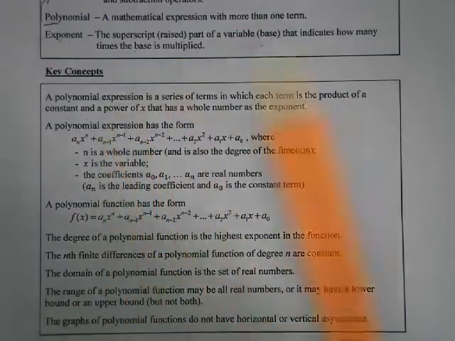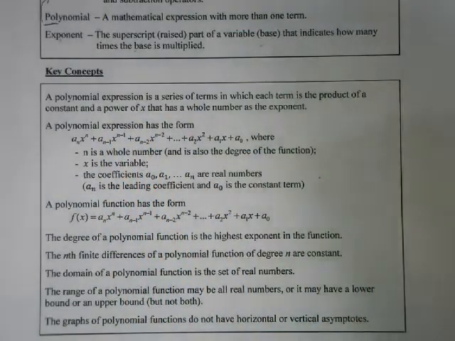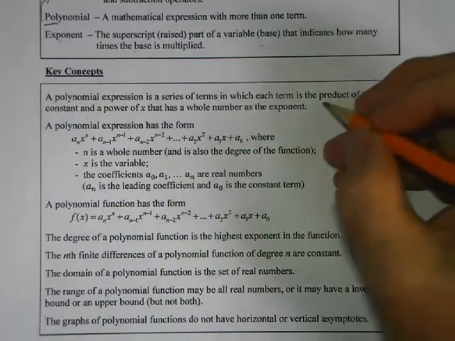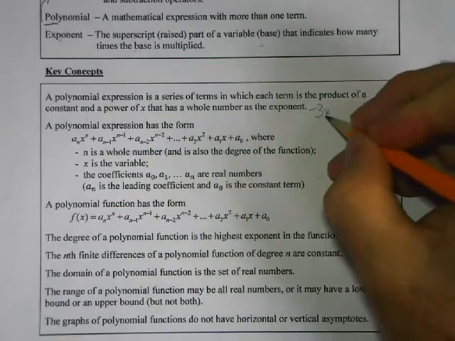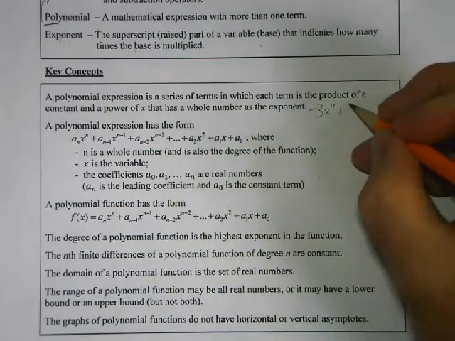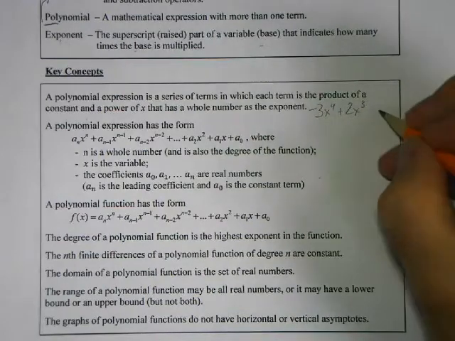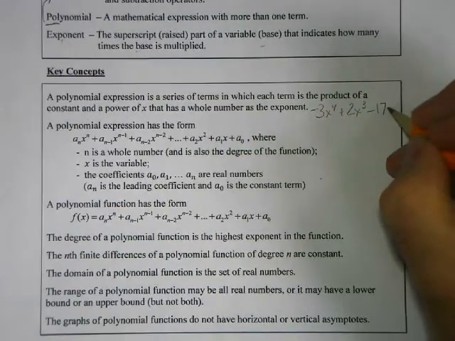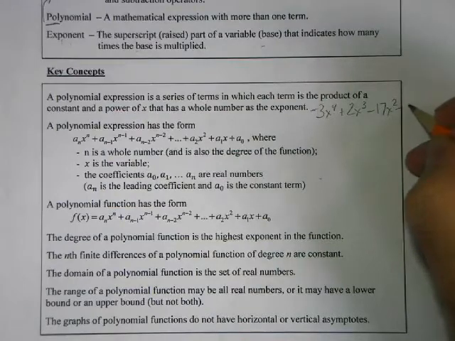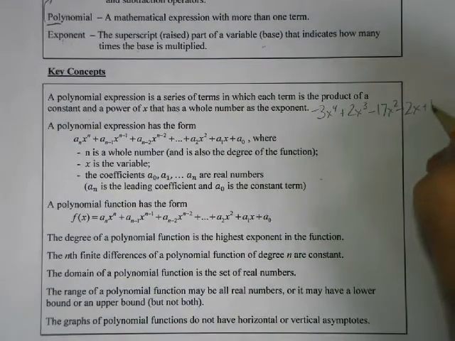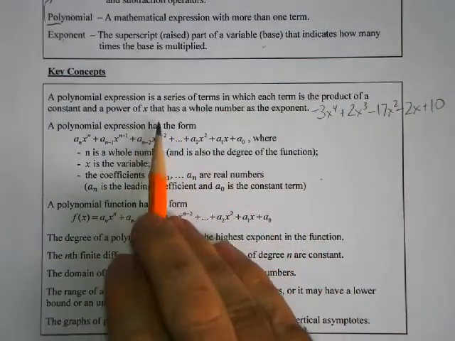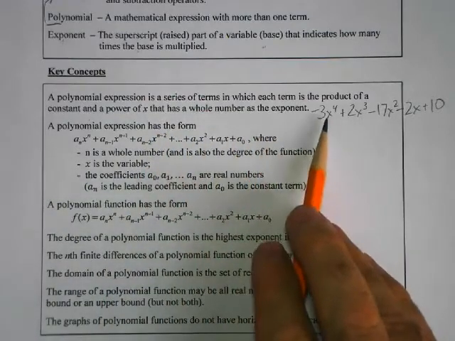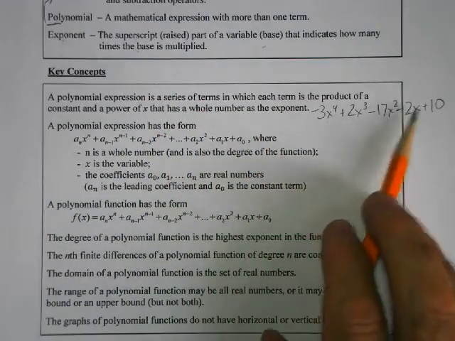For example, a polynomial expression might be negative 3x to the fourth plus 2x cubed minus 17x squared minus 2x plus 10. That's a polynomial expression with 1, 2, 3, 4, 5 terms.